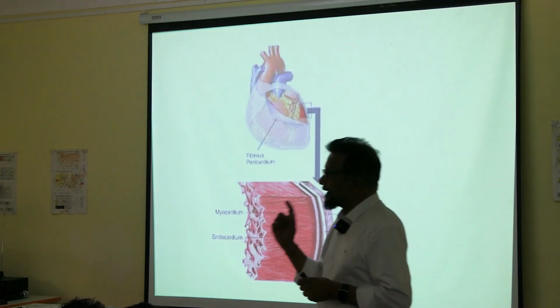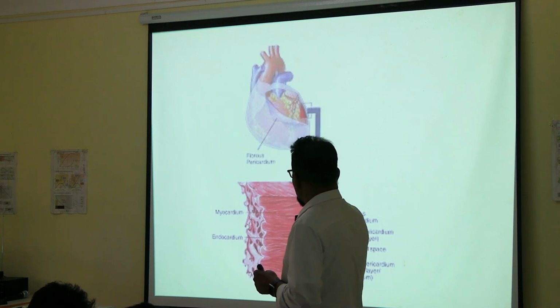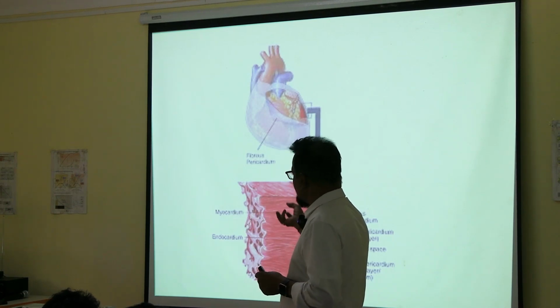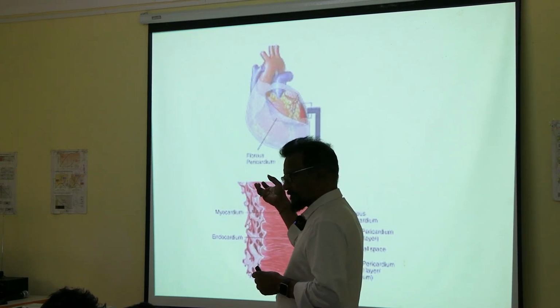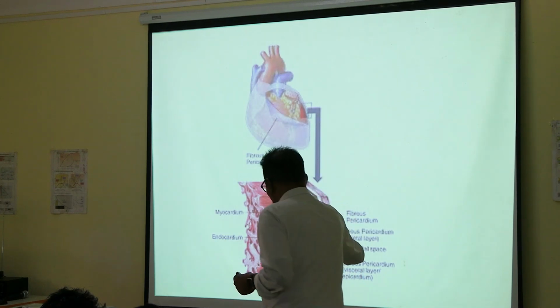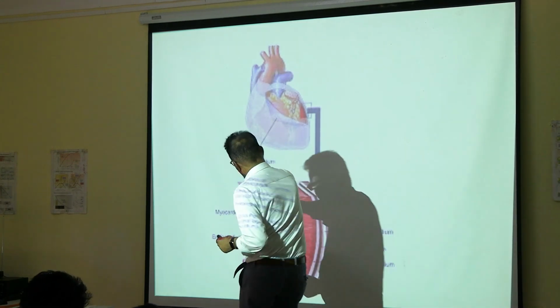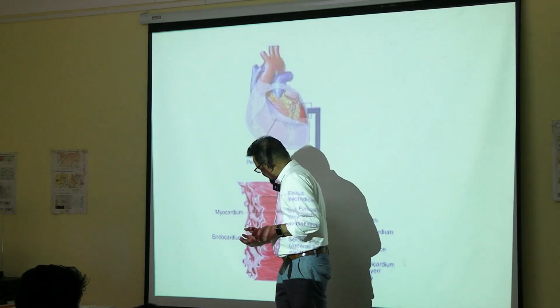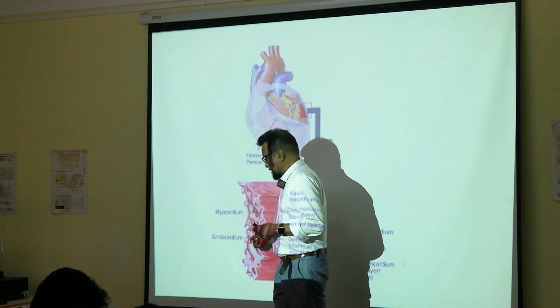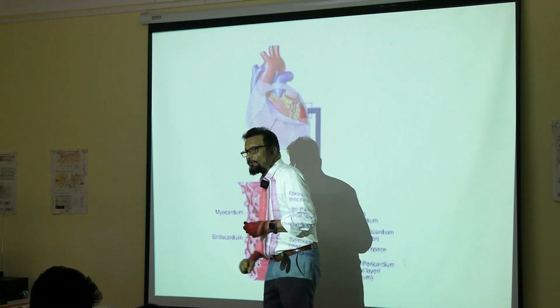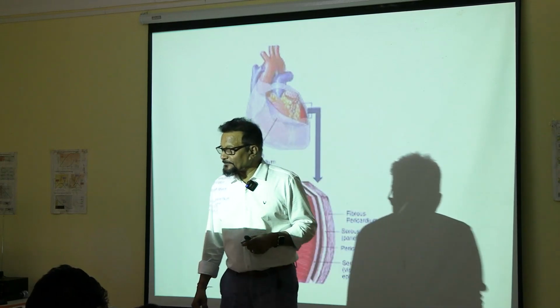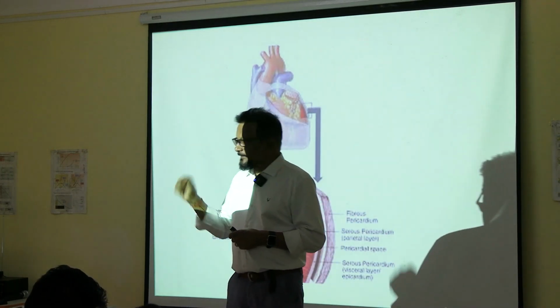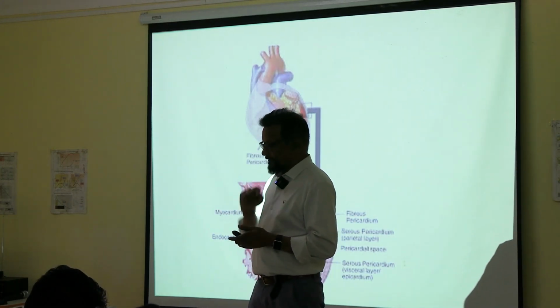Why? They can directly take oxygen and nutrients from the chamber, where a lot of blood is there. But the other tissues cannot draw their necessary items from there. For that, they need separate circulation.